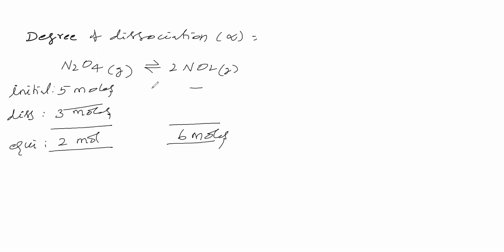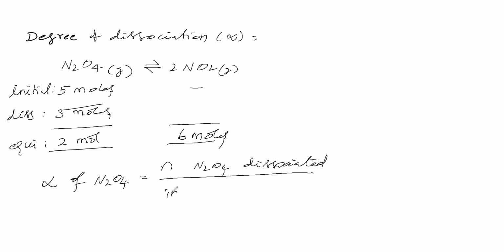Okay. Now we will see the degree of dissociation of N2O4, symbol alpha. Alpha of N2O4 is equal to the number of moles of N2O4 dissociated divided by the initial number of moles of N2O4.